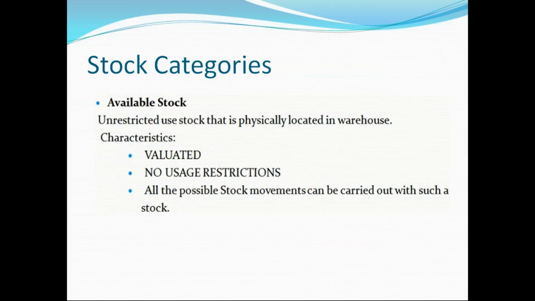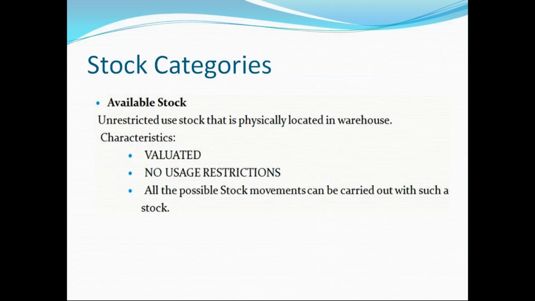There is no usage restriction. This means that this type of stock categorized material is available for any movements. There won't be any restrictions. If any material is present in the unrestricted category, that means this material can be freely picked up, freely put away, and freely moved within the storage bins, storage types, and across the bins also.